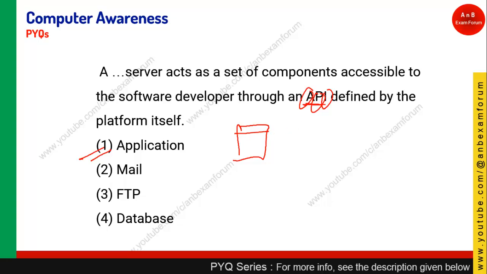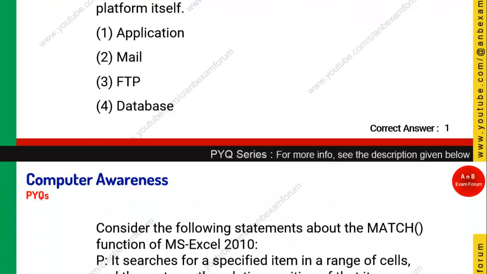If it is defining some API for the platform to use, it is basically an application server. An email server will provide email service, whereas file transfer protocol will give you a file storage service. So option 1 is the right answer.